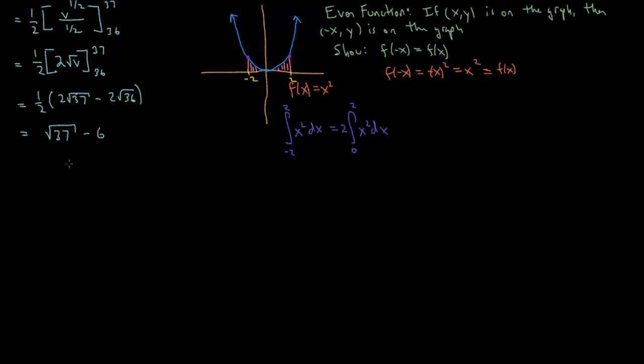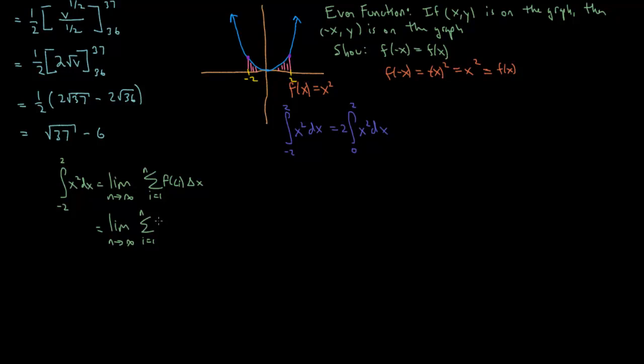But if we were going to evaluate this Riemann sum, we would say it's the definite integral from negative 2 to positive 2 of x squared dx equals the limit as n goes to infinity of the sum i equals 1 to n of f of c sub i times delta x. Now we'll use rectangles of equal width, so we won't index those. And we'll say this equals the limit as n goes to infinity of the sum i equals 1 to n.